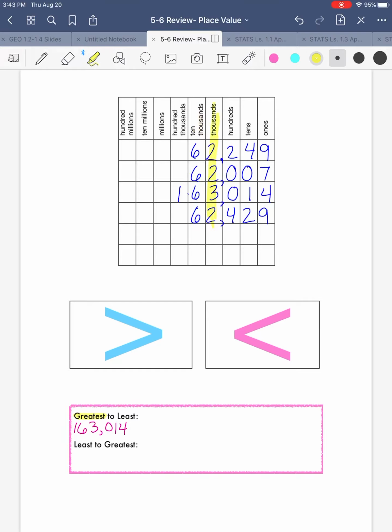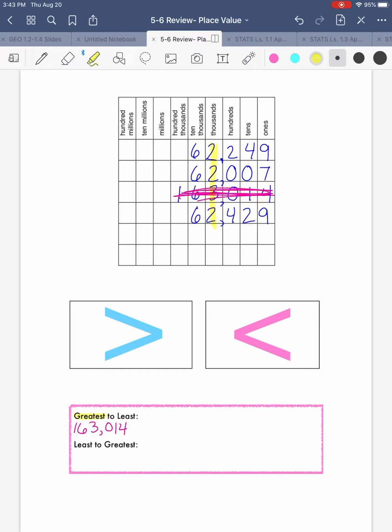This time we have several numbers that all have 2's there, okay? Just for the sake of keeping it easy, we're going to cross this one out because we don't need to look at that one anymore. All we need to look at is the other 3, okay? Again, in the thousands place, we still have in every place value 2 thousands.